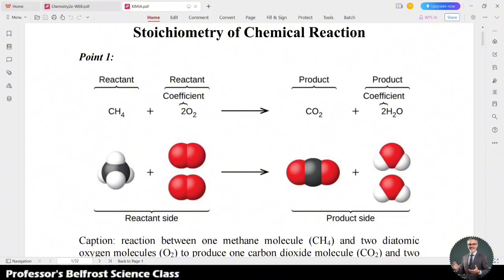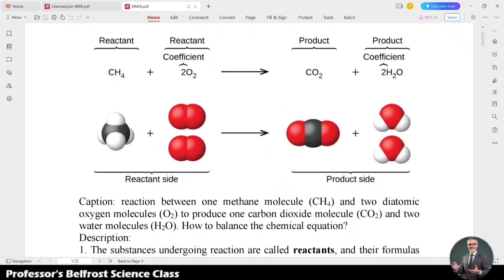So here is the description about the picture. The following description is as shown. This is a reaction between one methane molecule, which is CH4, and two diatomic oxygen molecules, which is O2, to produce one carbon dioxide molecule, which is CO2, and two water molecules, which is H2O.